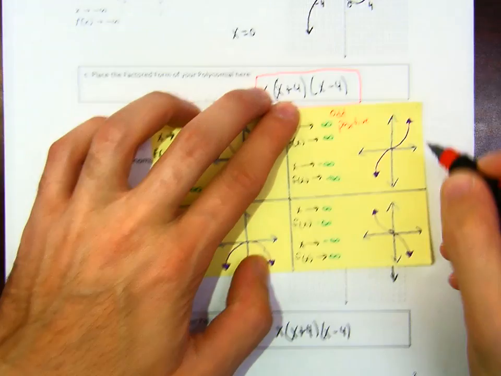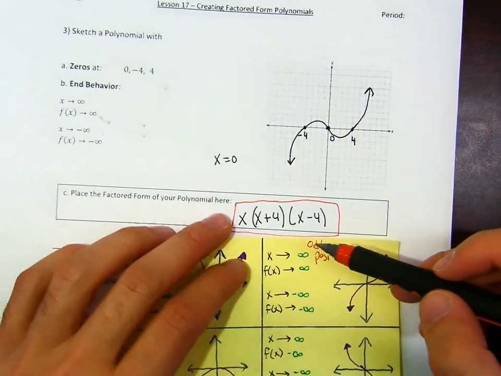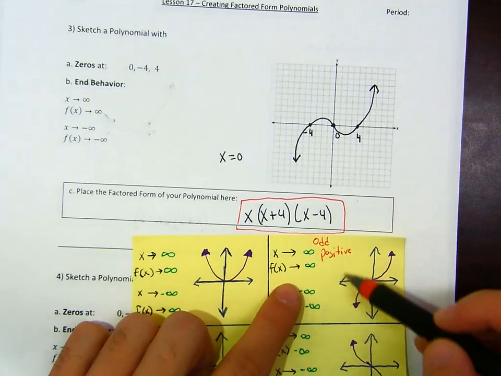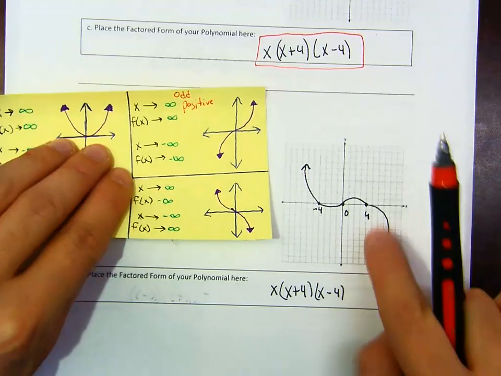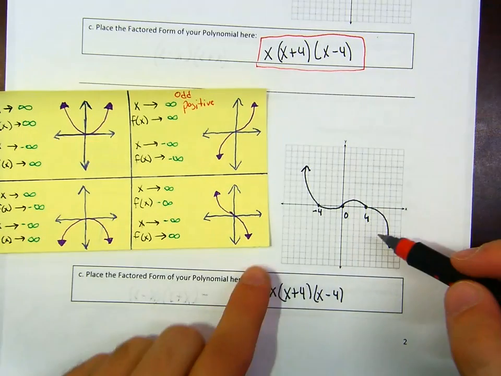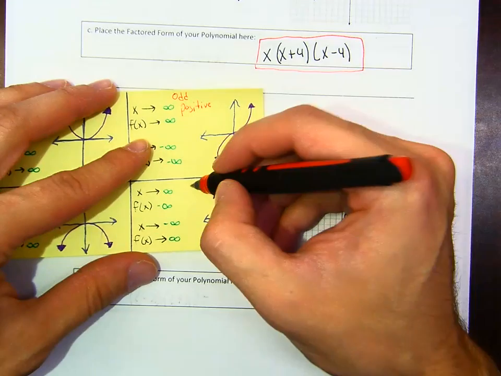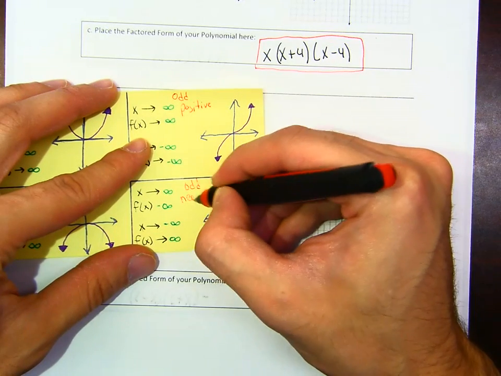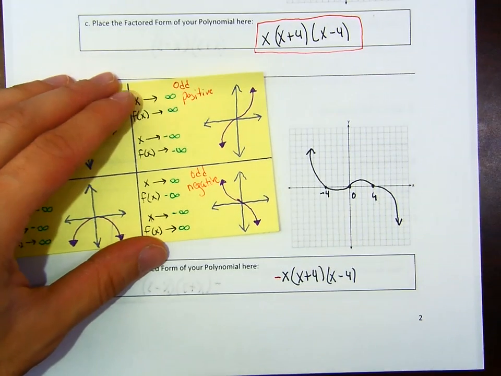Don't you remember this idea over here? When I have that end behavior, it's odd positive. So if I have this end behavior over here, where it's going like this, then this has to be odd negative. And all I need to do is just place a negative outside over there.